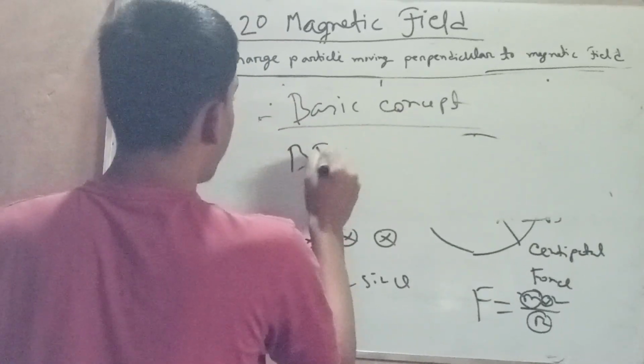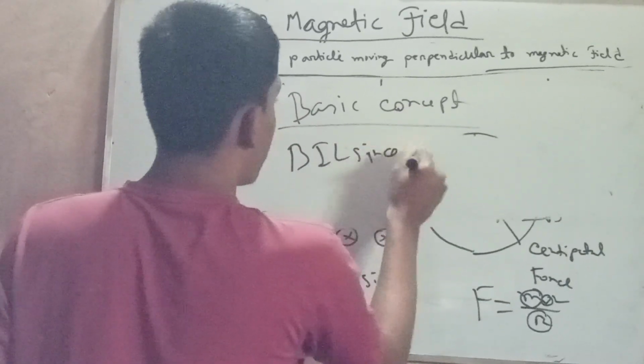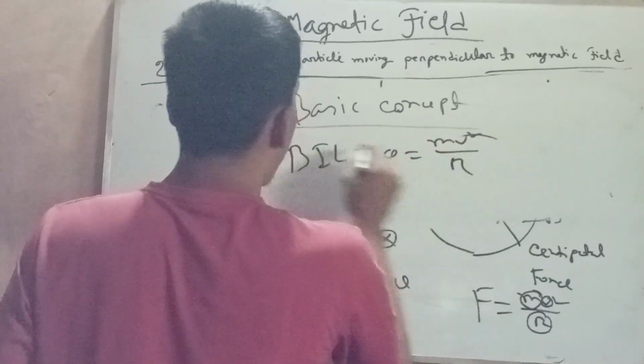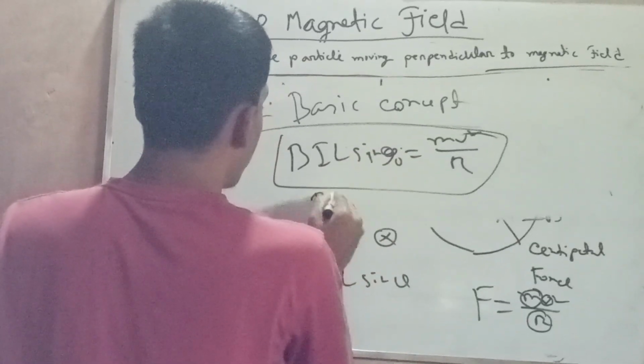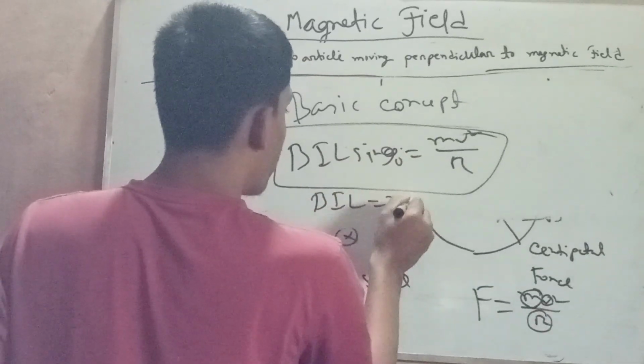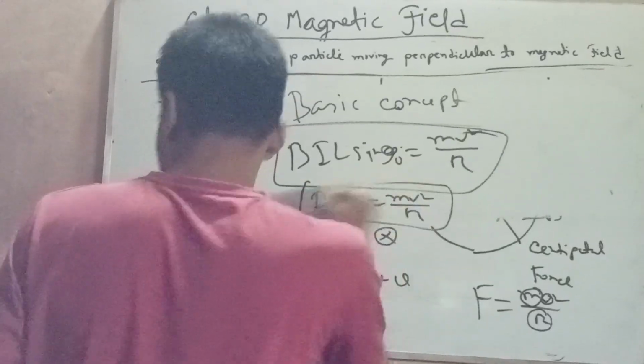So BIL sine theta is equal to mv squared by r. Here theta is equal to 90 degrees. So BIL is equal to mv squared by r.